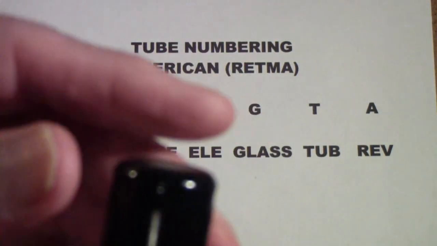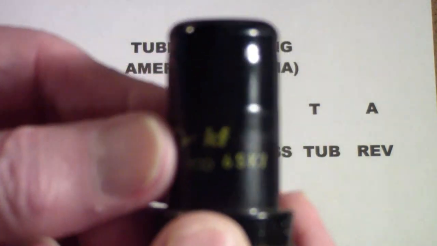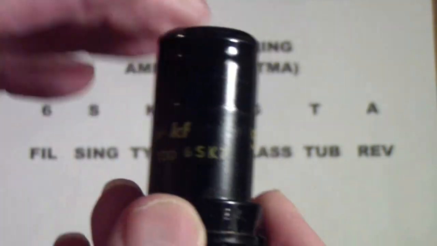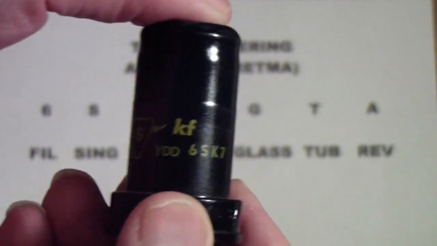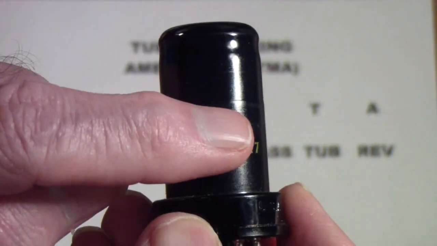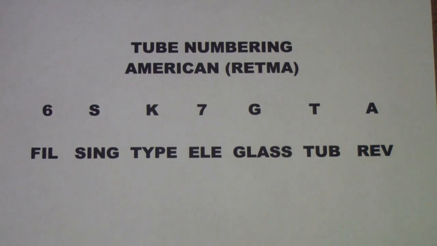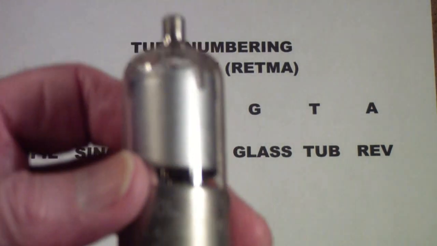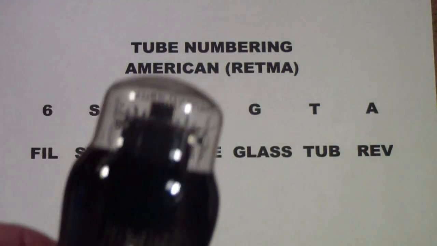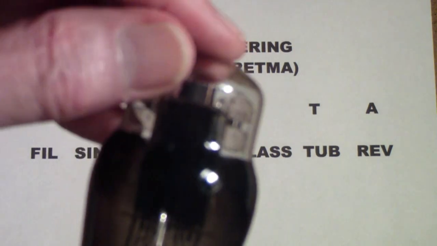This is a 6SK7, and we'll also talk about why the S. But a 6K7 would have been this tube with a top cap. In other words, a metal tube. If it used a glass envelope, it would be called a G, and they made them in this style also.